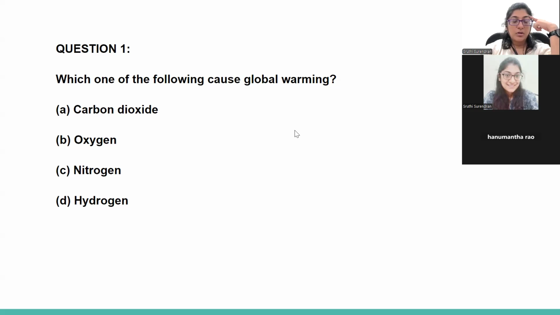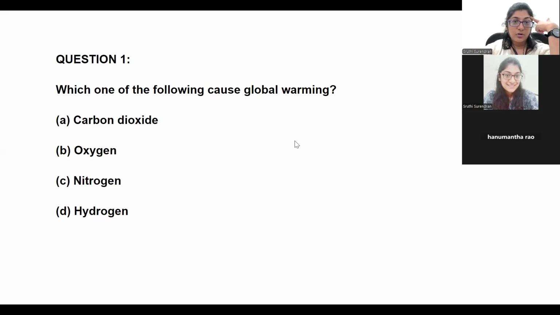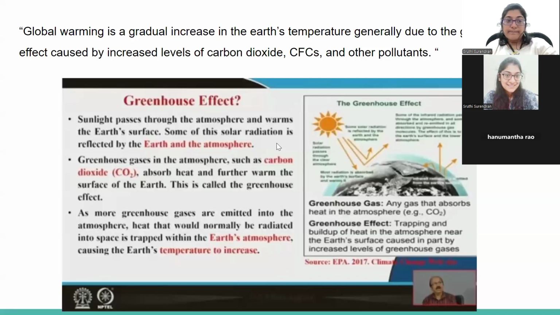Right? So, carbon dioxide is that which causes global warming. So let's see what global warming is. I'm sure every one of you must be knowing it, but let's refresh your knowledge about this. Global warming is basically a gradual increase in the Earth's temperature due to the greenhouse effect. Now, the greenhouse effect is an effect that is necessary to maintain the temperature of the Earth.